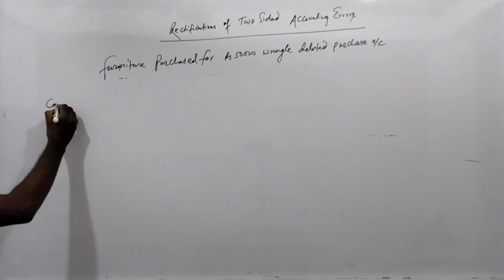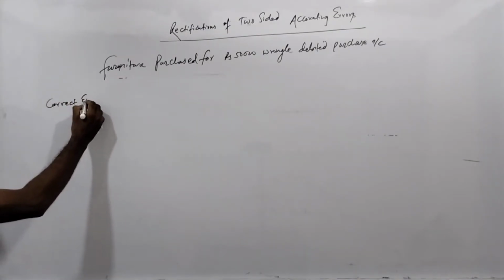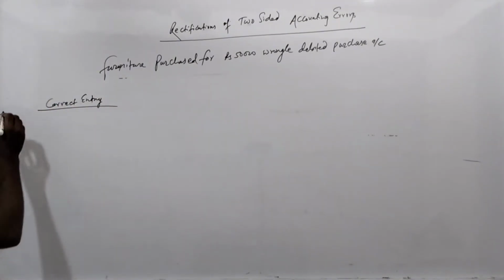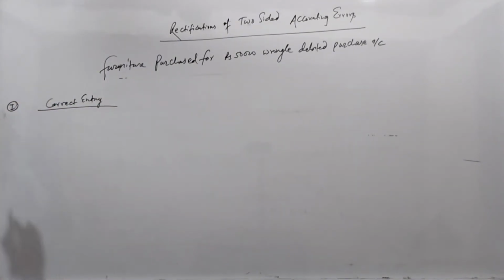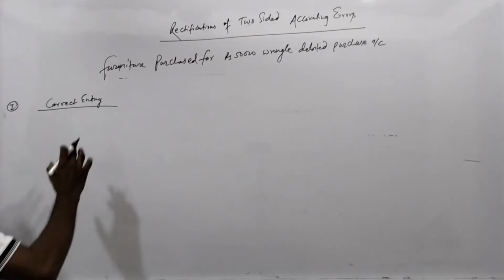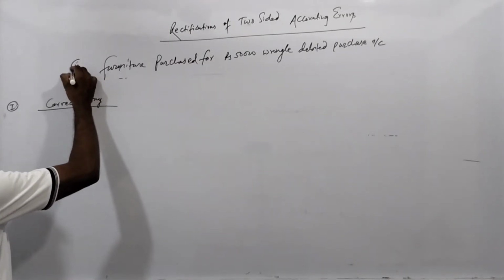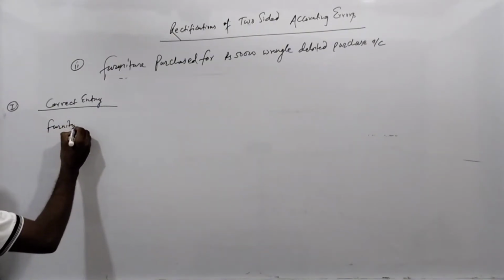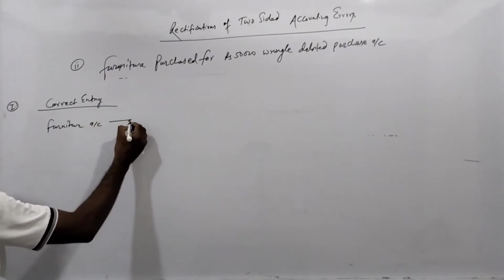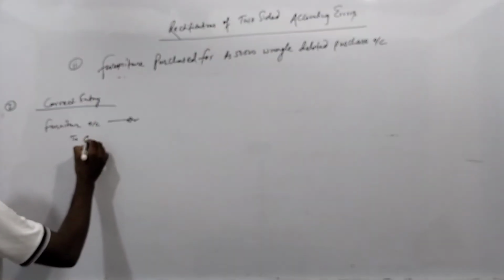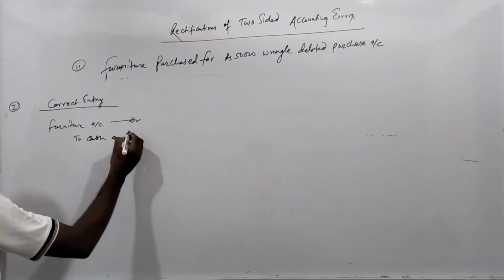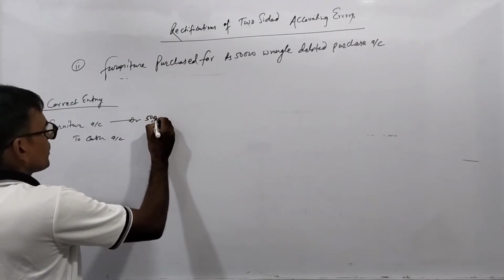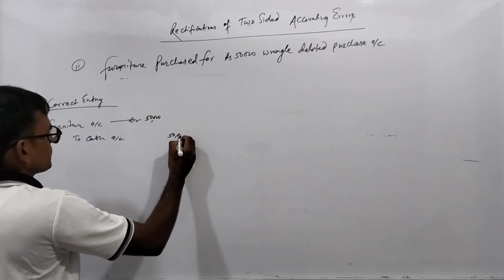The technique is that first, you write the correct entry. And what is the correct entry? The correct entry is furniture account debit to cash account, 50,000.